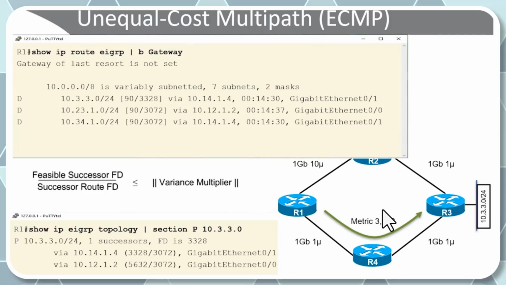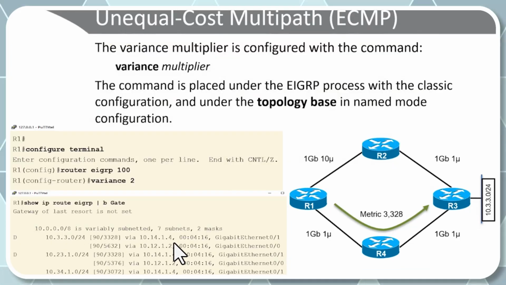Now how can it be achieved? Take the feasible successor FD over the successor FD. How can we get that? Show ip eigrp topology. This is the feasible successor, this is the successor, and for this path this is the feasible successor and this is the successor. If you divide 5632 by 3072 and make it a whole number, you will get 2. So the variance is 2.